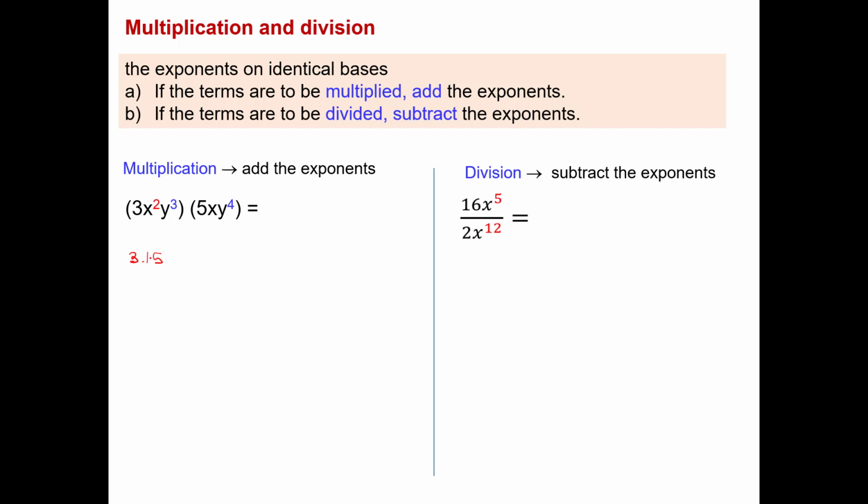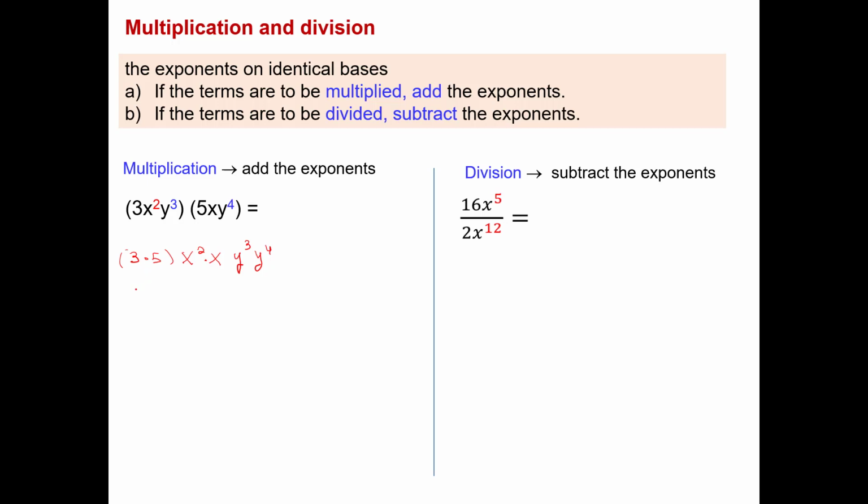3 times 5, sorry, it's 3 times 5 times x. And here I am solving with all the steps, but you can skip some steps if you want.